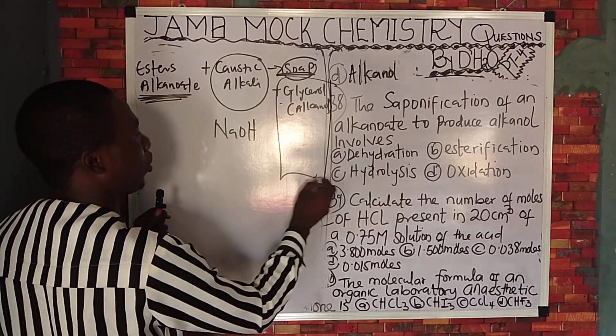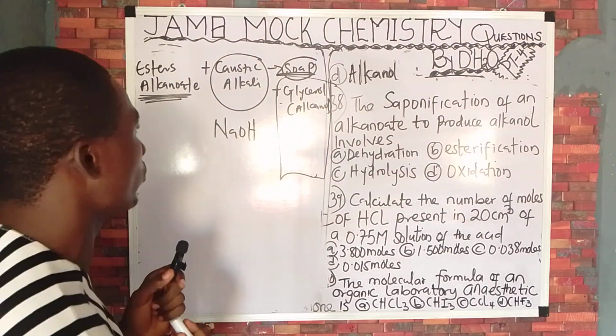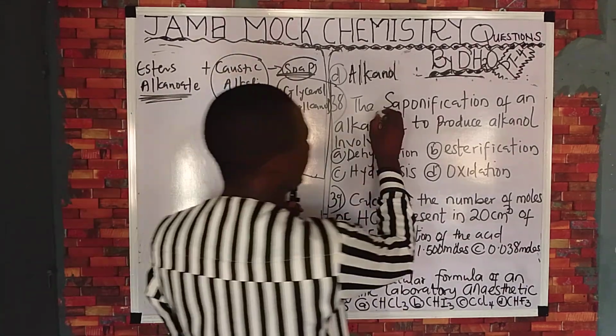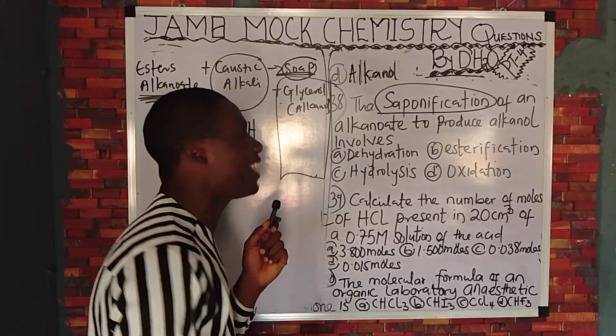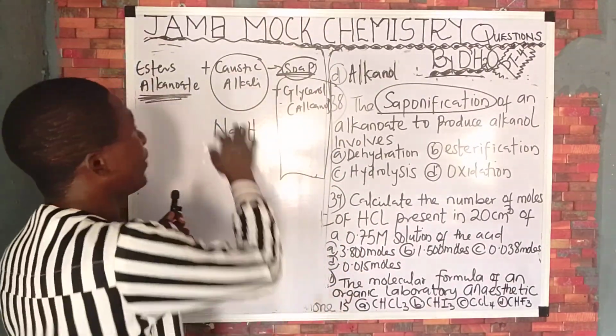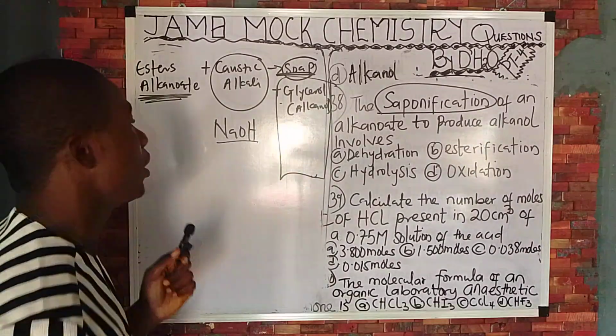This glycerol is an alkanol having 3 functional groups called propane 1, 2, 3 triol. So the other name for saponification reaction is also called alkaline hydrolysis. If it is water that is used in this reaction in place of caustic soda, it should have been called just hydrolysis.